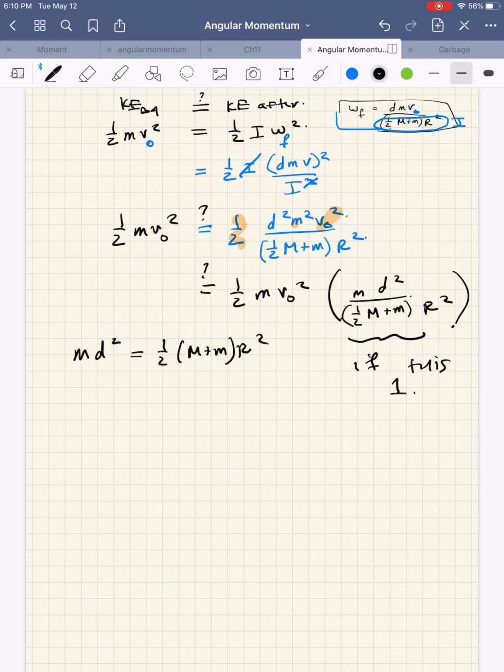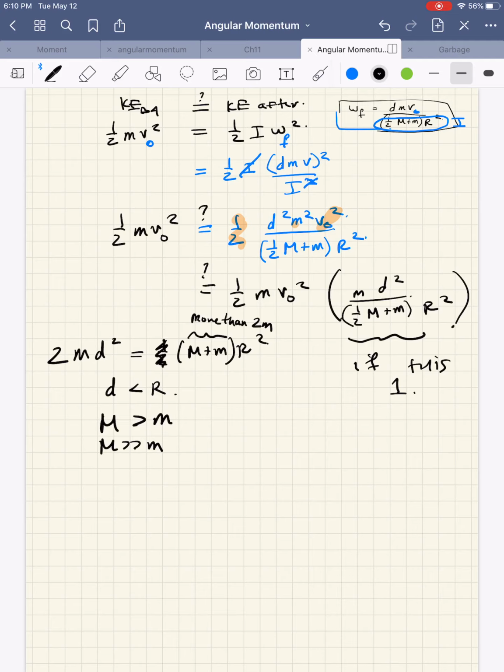Well, let me bring this 2 over here. First of all, d is less than r. That's number 1. Number 2 is big M is greater than little m. It's just general in this problem. And so this is more than 2m. In fact, we probably would have used the approximation if we hadn't used the other one that is much, much larger.